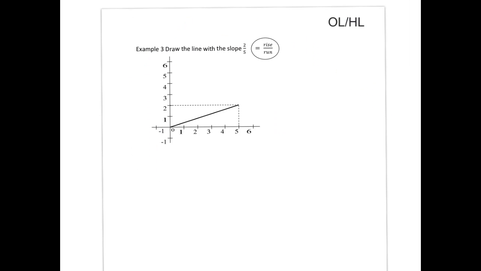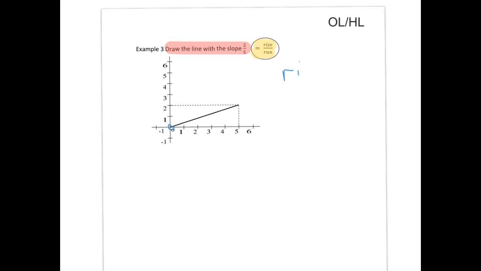And one final example here: we're asked to draw a line with a slope of 2 over 5. All we have to recall is that our slope is our rise over our run. Because it doesn't tell us where exactly we should start our drawing, we can start from the point (0, 0), since we're only asked to draw any line. But the slope has to be 2 over 5.